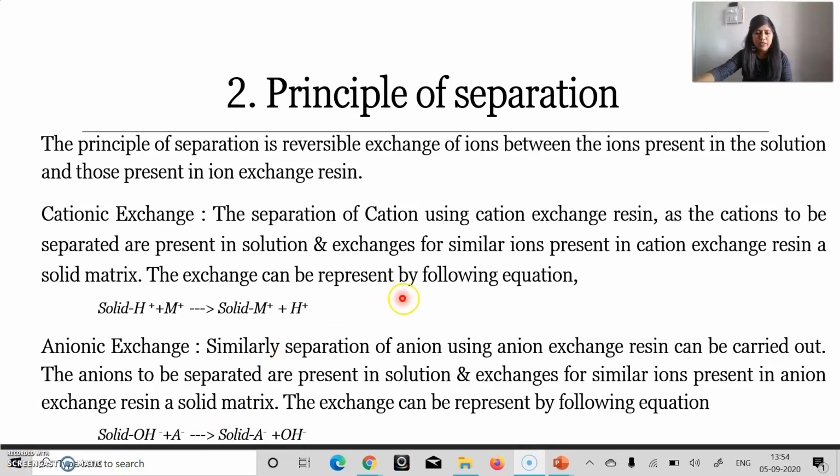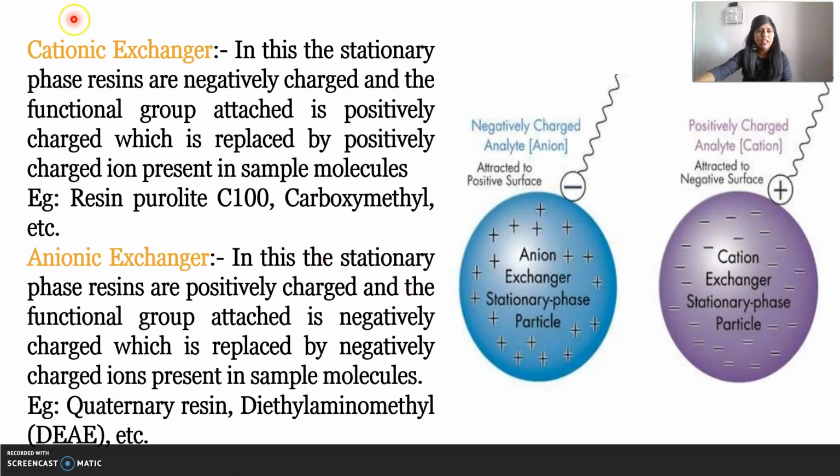Now, in the next point, I'll be explaining in detail the cationic exchanger and anionic exchanger. See, this is a cationic exchanger stationary phase particle. In this stationary phase are negatively charged particles, and the functional group attached is positively charged. Here on the surface of this cationic exchanger, a bed is present, and in that bed a functional group which comprises the charge, that is a positive ion over here.